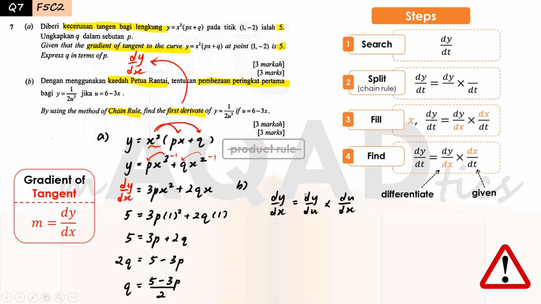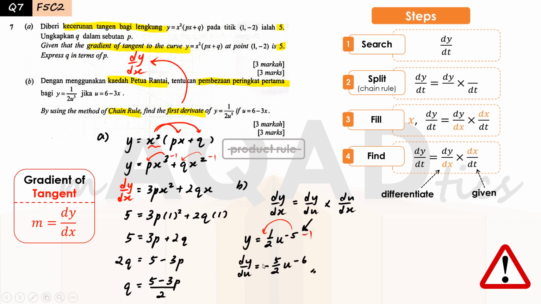So the first one is using y as the original equation, which is this one. The u, I will move it out of the fraction, so it will become u power of -5, and then we need to differentiate this thing. Use the same way, power I move to the front, and then I minus 1.